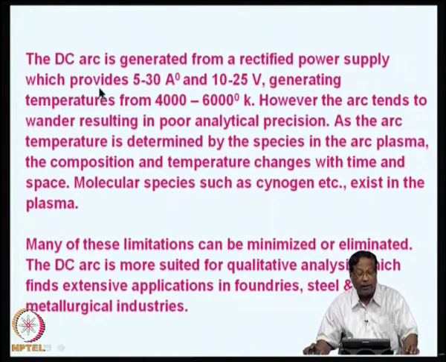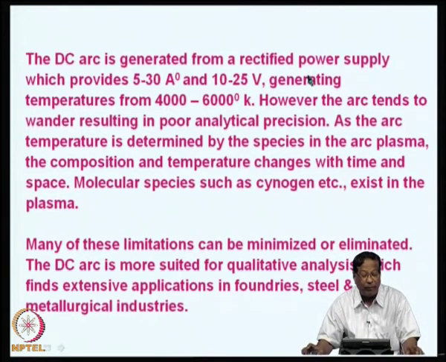Now, the DC arc is generated from a rectified power supply, which provides 5 to 30 amperes and 10 to 25 volts, generating temperatures of 4000 to 6000 degrees Kelvin.